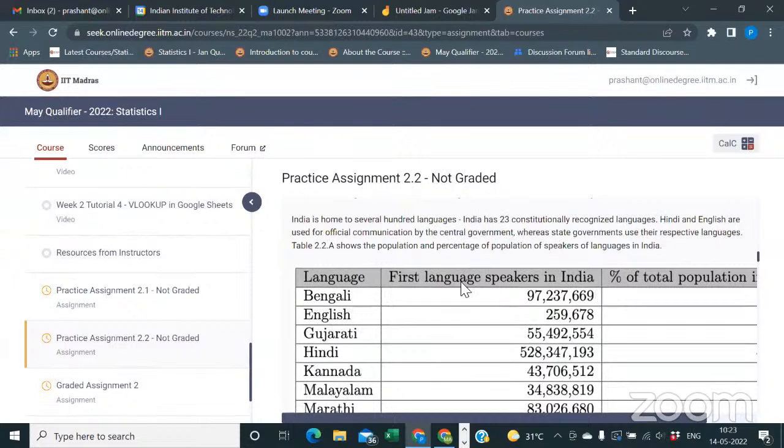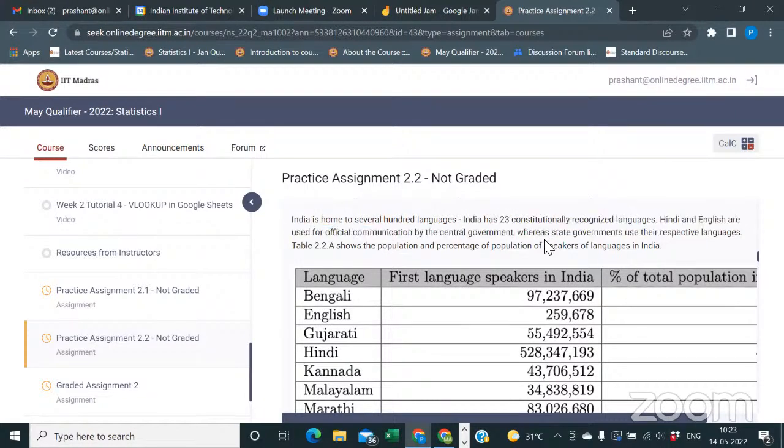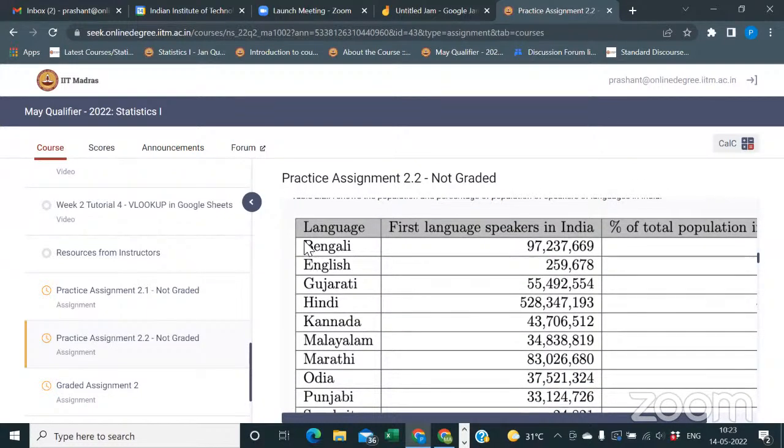India has several hundred languages, 23 of them recognized. Hindi and English are commonly used. Data is collected for language. Bengali is a unit for which you have collected data for the Bengali language. For Bengali, you have calculated how many speakers there are in India and what percentage of the population.